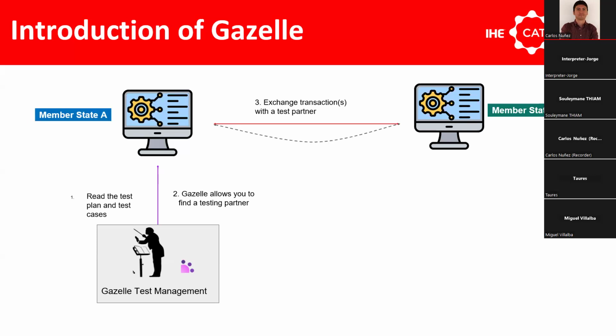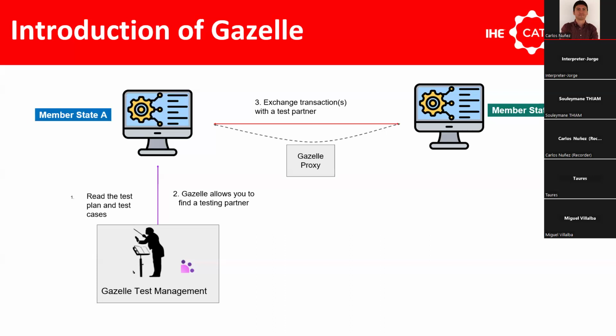So once you are ready to test with member state B, you can exchange the transactions. You can send an MHD transaction or send your IPS document or other transactions between your system and the system of member state B. In the middle, we have the proxy.